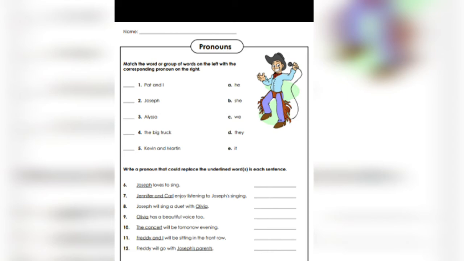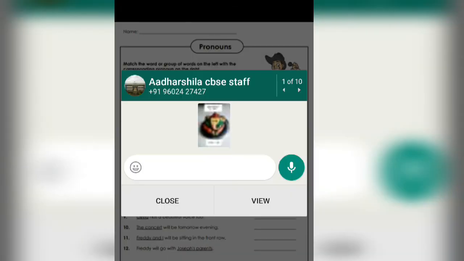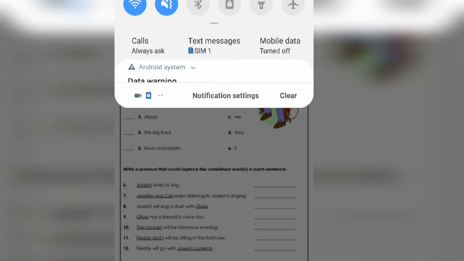Number 5, Kevin and Martin. Now, when I am talking about myself, if I am Kevin or if I am Martin, I would say Kevin and I, right? But here I am talking about someone else.